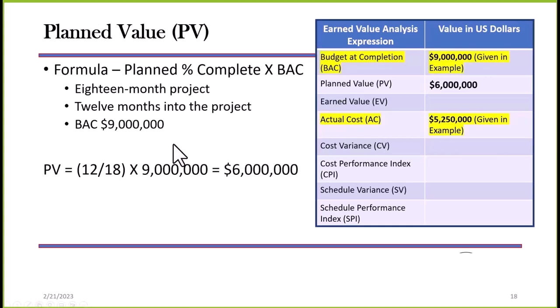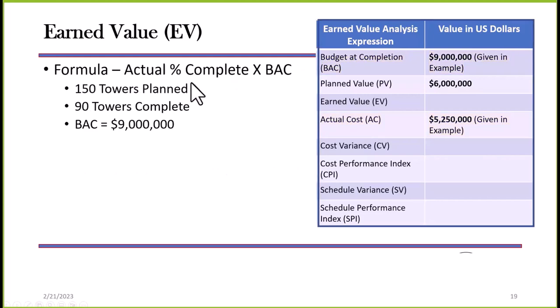Remember, plan value is the plan percent complete times the BAC. Earned value is the actual percent complete times the BAC. We have 150 towers to do. That's the number planned. We have completed 90 towers.